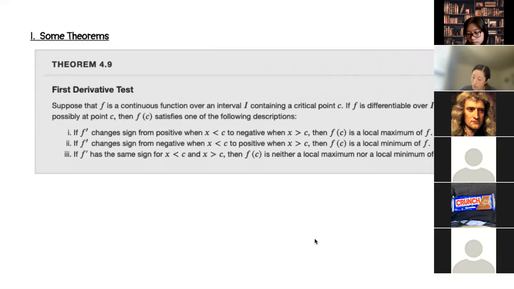Now, just as a quick reminder, on Monday, we talked about critical points being places where the derivative is equal to 0.